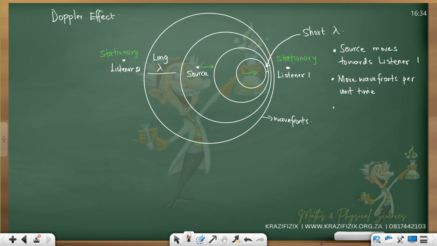If I say more, that's actually talking about the number of waves. And what will that mean? It means higher what? Frequency. And why is that? That happens because the wavelength is now short. If you understand this, you are done with understanding Doppler.